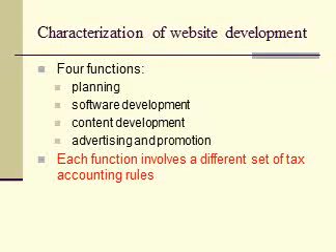What is important to know right now is the tax accounting treatment of the 4 different functions is often completely different. For example, costs associated with planning a website may be subject to Section 195 rules for startup companies, whereas the rules for software development sometimes involve Section 174 for research and experimentation.